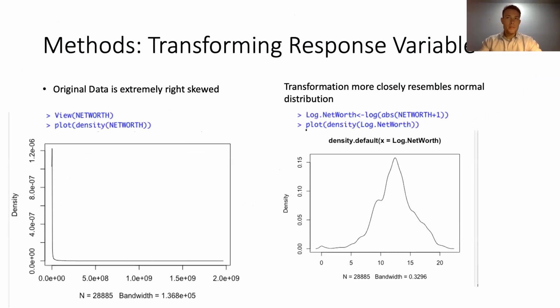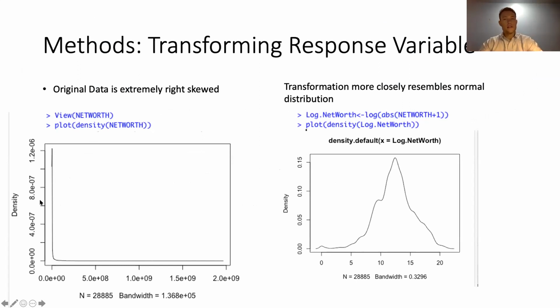So first, looking at my response variable, as stated before, net worth was the dependent variable I was looking at. Originally, net worth by itself was extremely right skewed, as shown in the left density chart here.